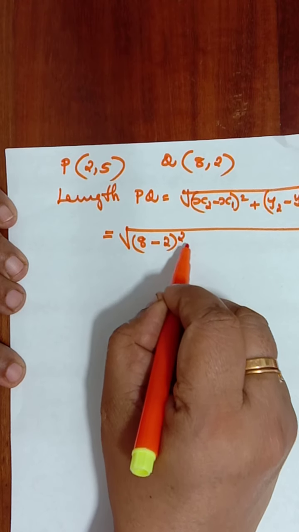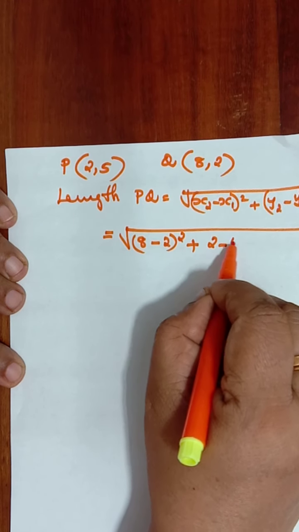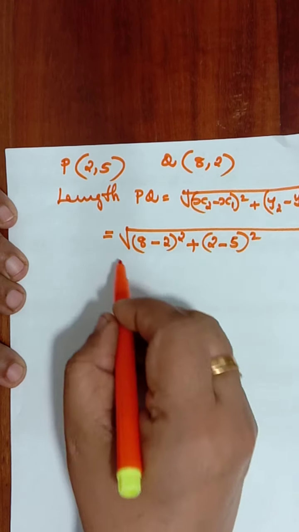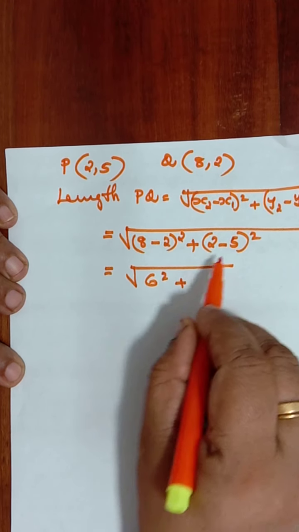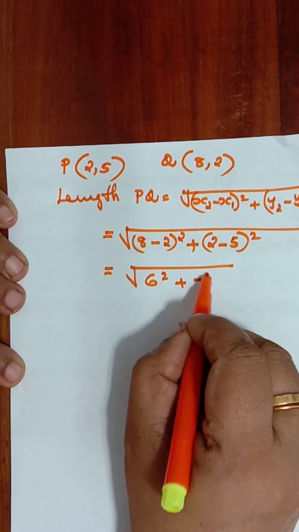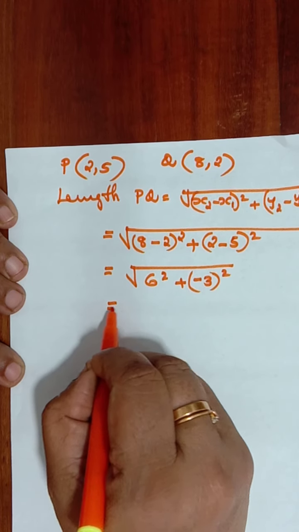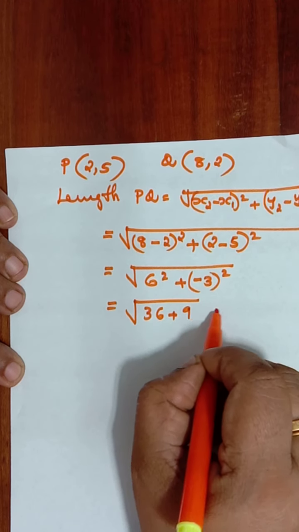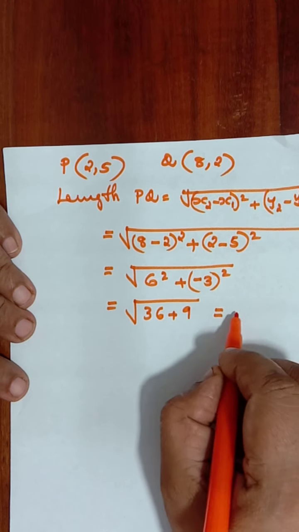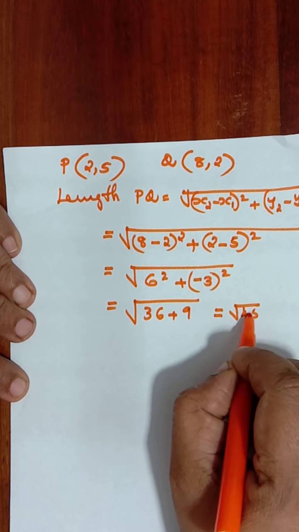That becomes 8 minus 2 is 6 square, plus 2 minus 5, negative 3 square. Becomes 6 square is 36 plus 3 square 9. 36 plus 9, that's equal to root 45.